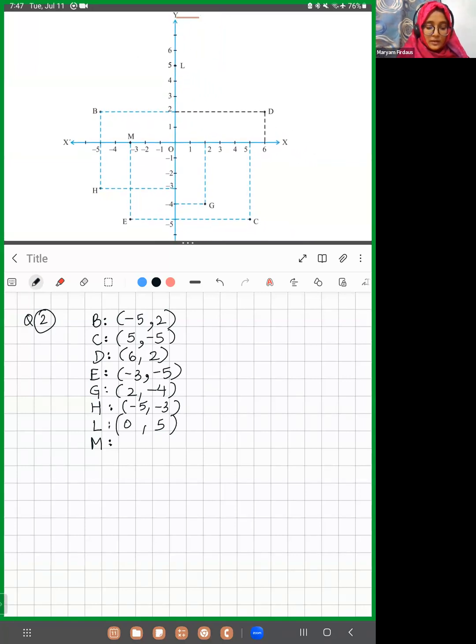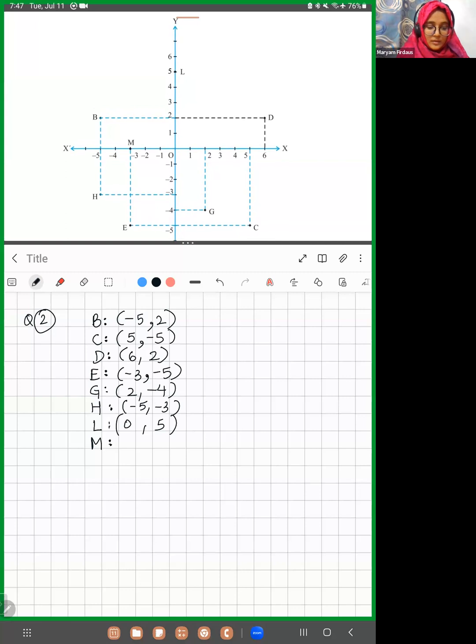Abdul Jabbar, what are you saying? 0 and minus 3. Is it 0 comma minus 3 or is it something else? Do we have any other answers here? Anyone else would like to say something? Minus 3, comma 0. Okay. Any other options?